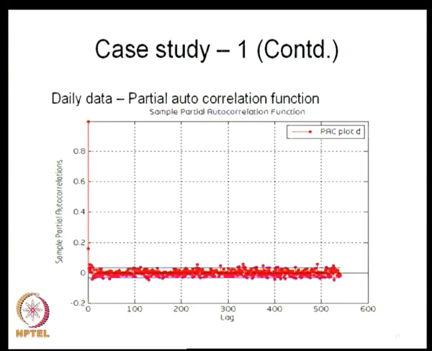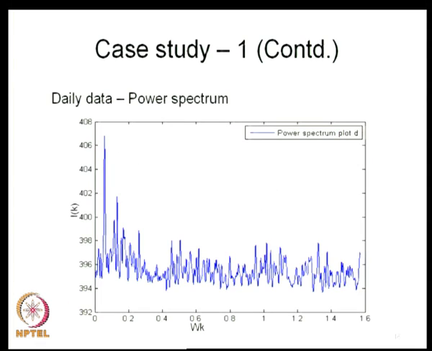Then we will look at the power spectrum. If you had regular periodicities, you would have seen most of these spectral values in a certain band and suddenly a large spike, but you are not seeing that in this particular case.